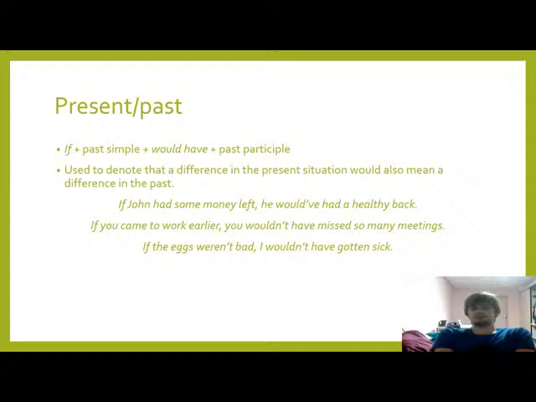So naturally, they assume that, at least it's an assumption, not true fact, but let's say for the sake of education that it's true fact. They cooked themselves a nice meal out of those eggs, but alas, the eggs were bad and they got sick. And they just lay in bed feeling awful, thinking, if those eggs weren't bad, I wouldn't have gotten sick.